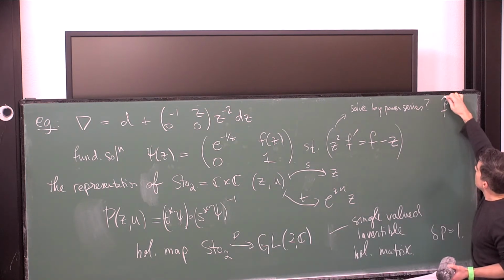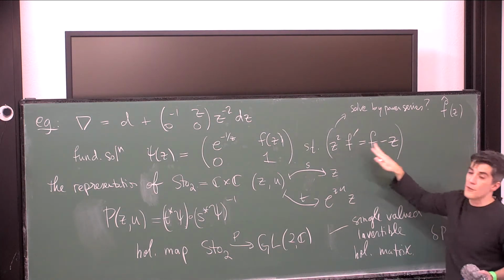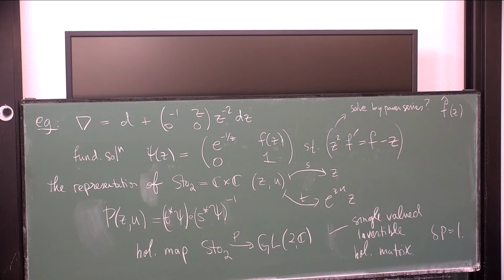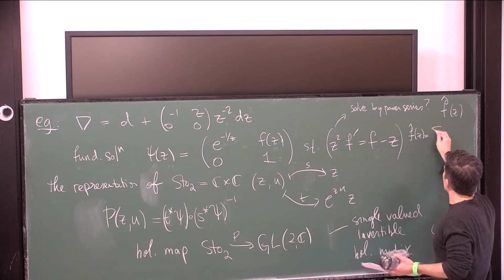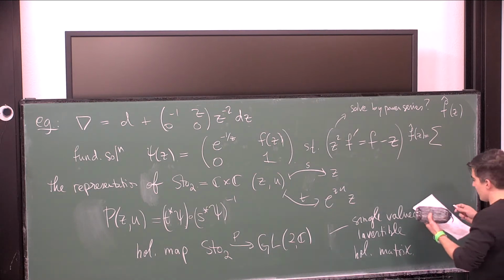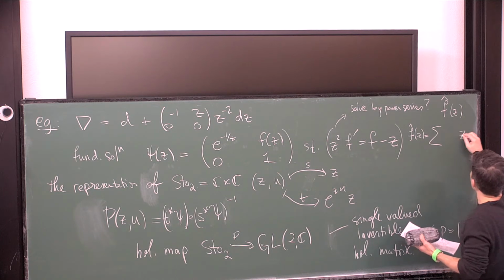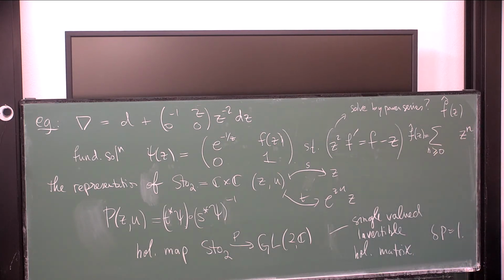So we'll call that f hat of z. This is now a power series that satisfies this, and then it's easy to solve. F hat of z is a very amusing expression. As a power series in powers of n, the coefficient is n factorial.